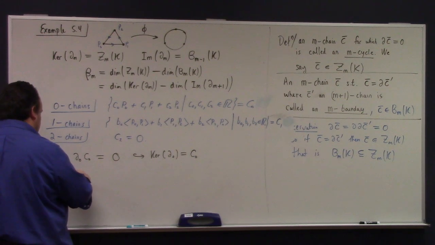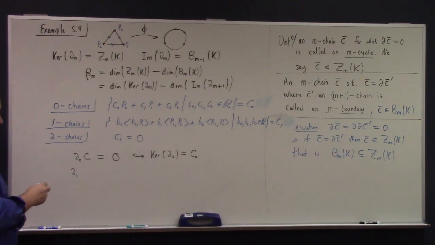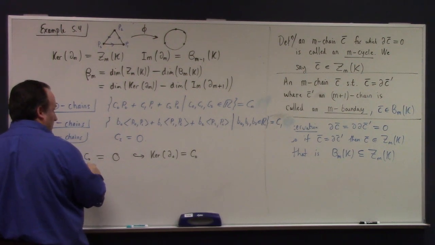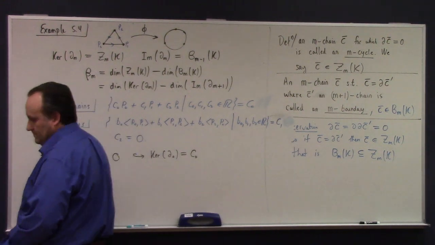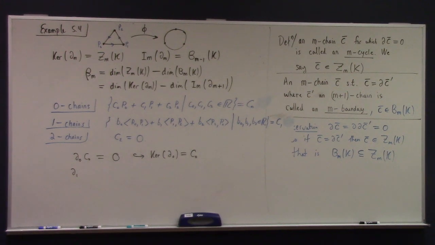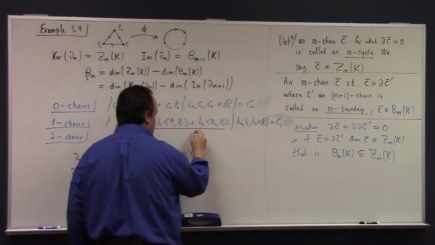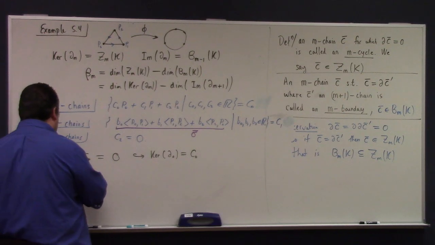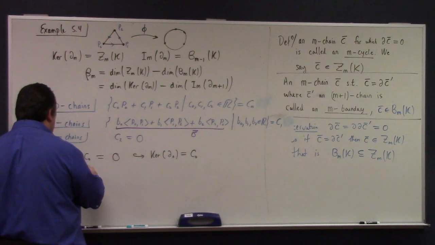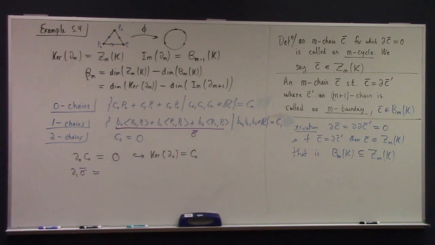If we look at partial 1 acting on a typical 1 chain, what happens? Can I save myself some writing if you guys don't mind? Let me assume that my element has the same labeling. Let me just call this thing sigma bar. So partial 1 acting on sigma bar equals what?